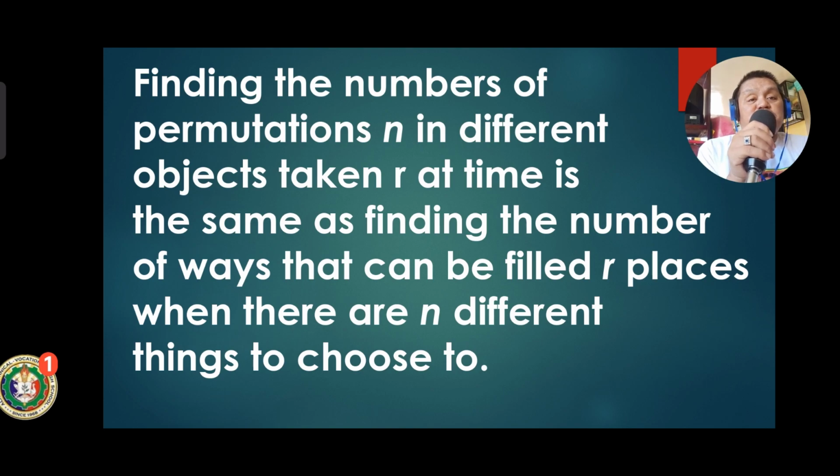Finding the number of permutations of n different objects taken r at a time is the same as finding the number of ways that r places can be filled when there are n different things to choose from.